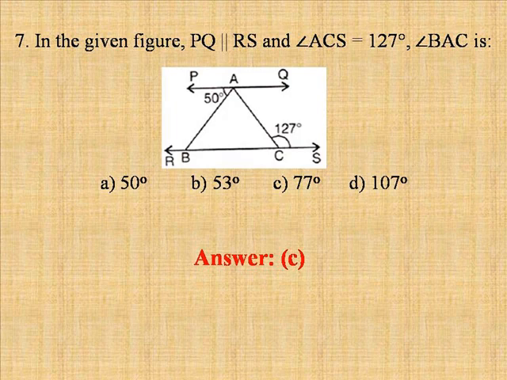You can see ACS is given as 127 and also PAB is given as 50 degrees. You need to find BAC. So PAB plus BAC, that is the whole angle PAC, is the alternate angle of ACS. So angle PAB plus BAC equals 127. PAB is 50 degrees. So angle BAC will be 127 minus 50 equals 77 degrees. That is option C.